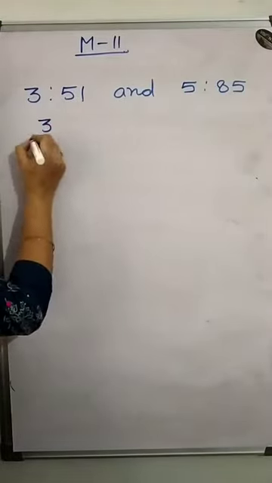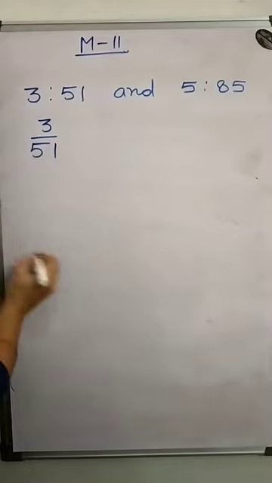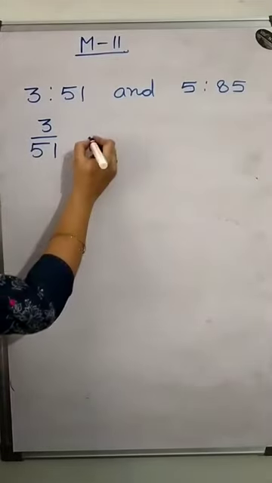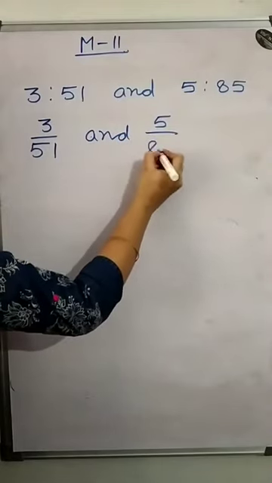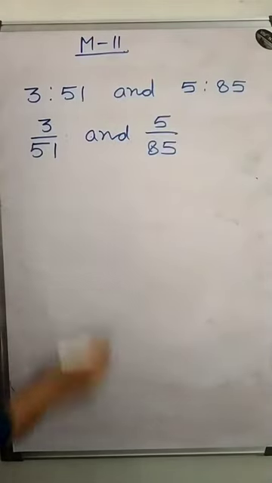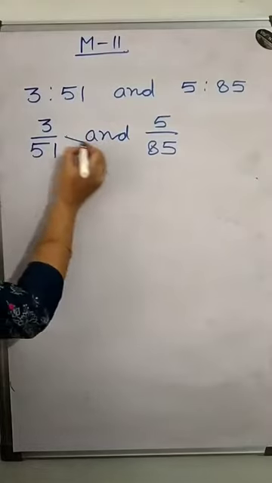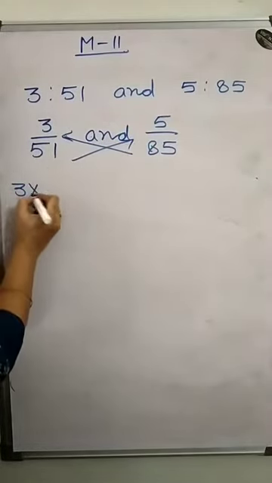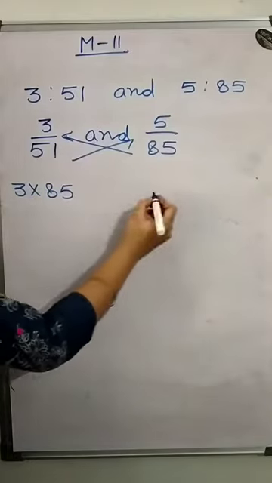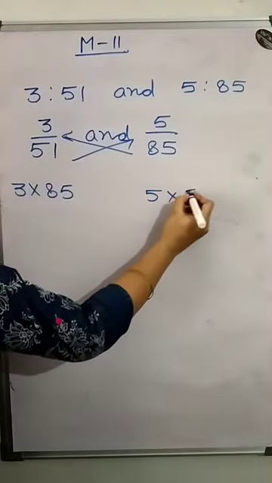So this is 3 upon 51 and another one is 5 upon 85. So what we do here is cross multiplication: 3 multiplied by 85 and 5 multiplied by 51.